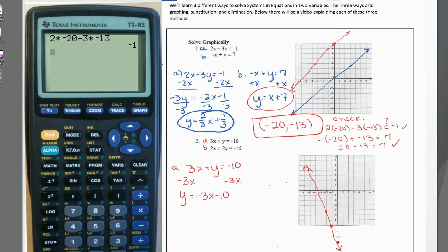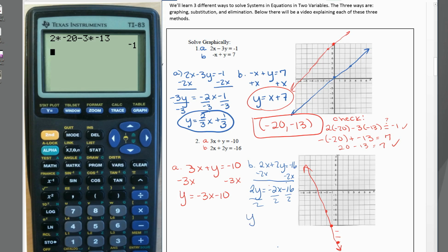Now I'm going to change to blue to do B this time. For B here, we have 2x plus 2y equals negative 16. So I'm going to subtract 2x from both sides. So I get 2y equals negative 2x minus 16. And now I need to divide both sides by 2.